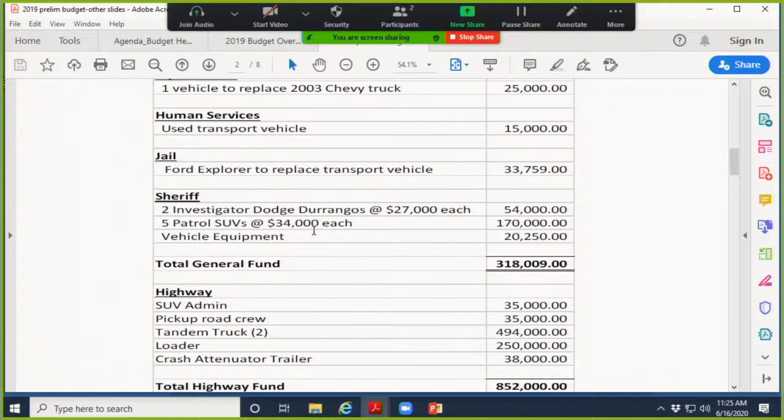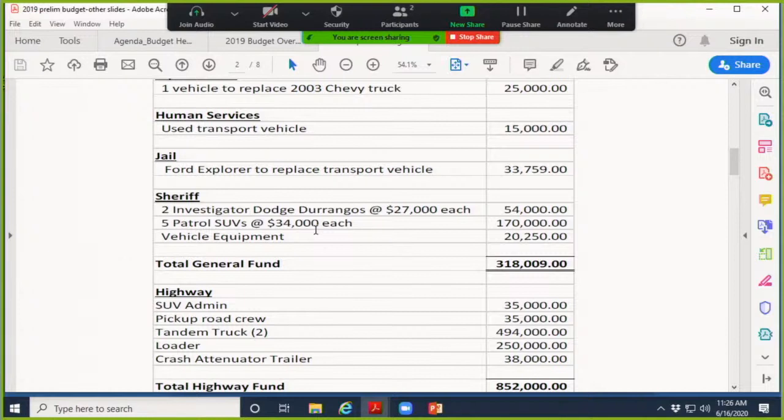Highway's also at $35,000. But we're not buying an SUV, we're just going to buy something like a caravan van. Do you prefer to have a van instead of an SUV? We use those SUVs a lot. Okay, whatever. It would cost $34,000 to get a new commission office vehicle.